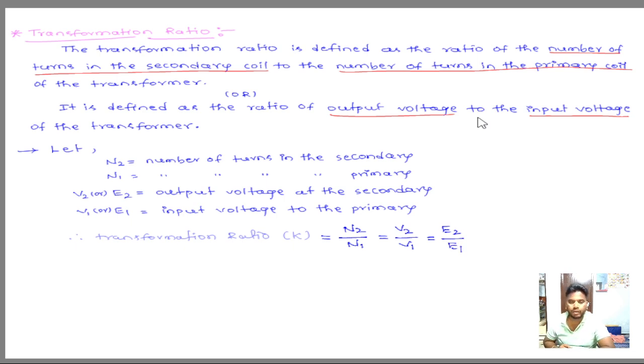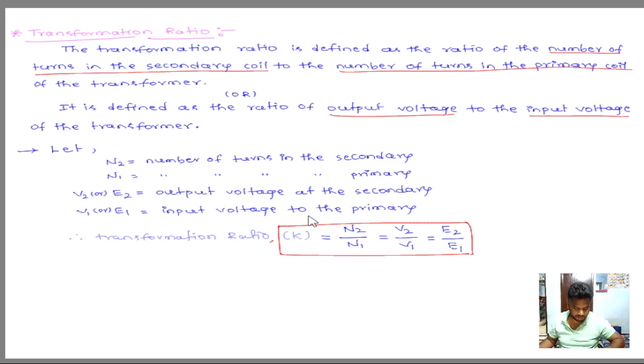This is the formula to calculate the transformation ratio of the transformer: K is equal to N2 by N1 or E2 by E1.